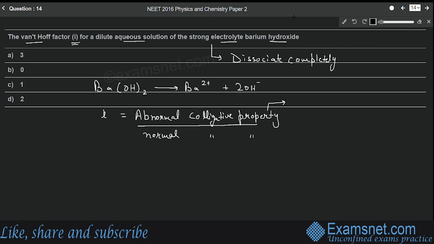It indicates the number of ions produced, that means number of particles after dissociation. Whereas normal colligative property indicates number of particles before dissociation.